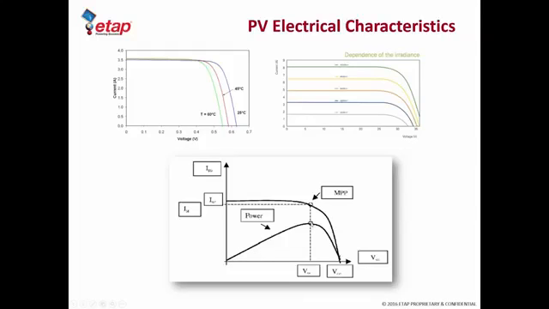So all the inverter technologies have a concept of maximum power point tracking, or MPP control, where you adjust the inverter such that the output is at the knee point, or the MPP point, under normal operating conditions during peak sunlight hours.